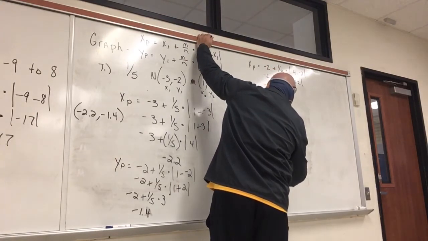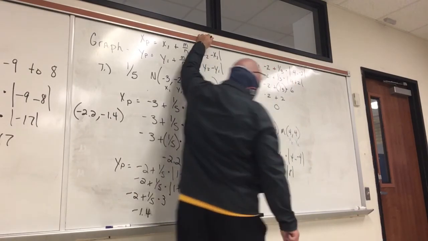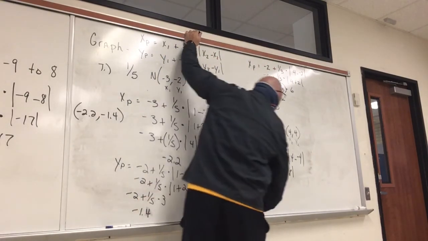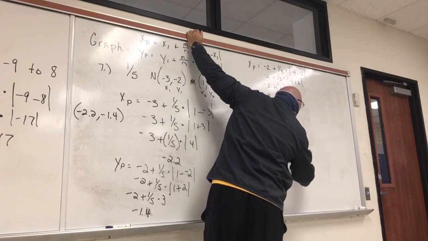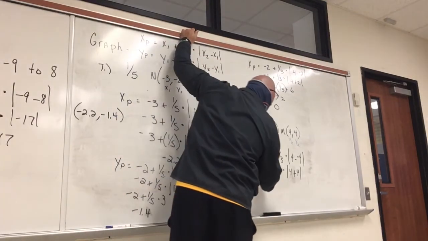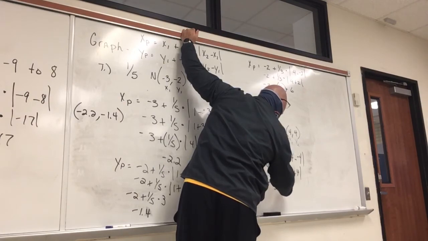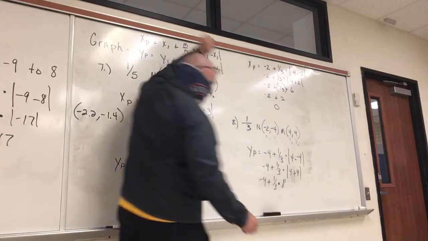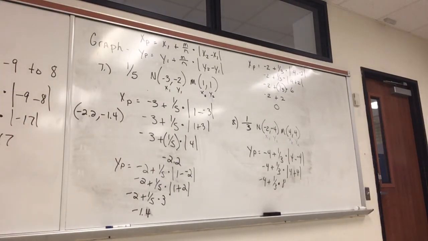Negative 4 plus 1/3 times 8. Oh, I better do this, hang on. That ends up being 4 plus 4. Okay, and I end up with negative 4 plus 1/3 times 8. I'm gonna take my handy dandy calculator.